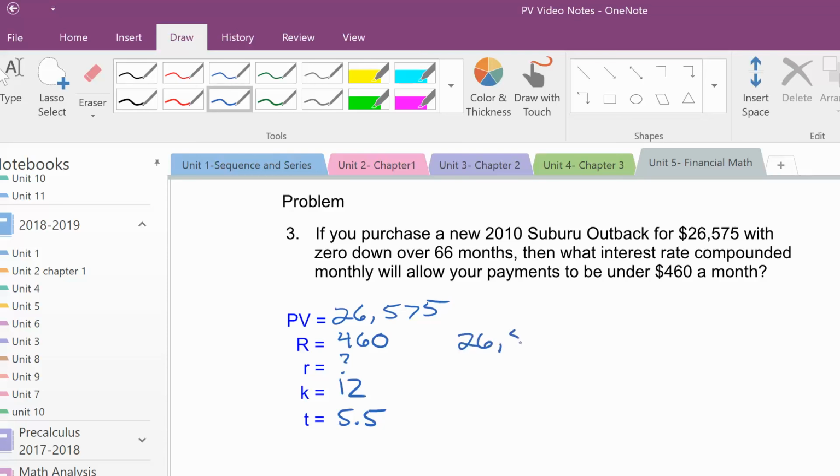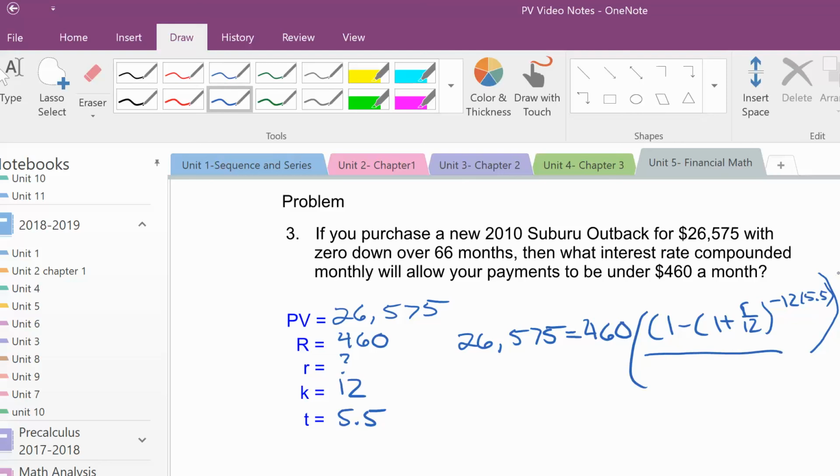So you write out the equation, divided by R over 12.